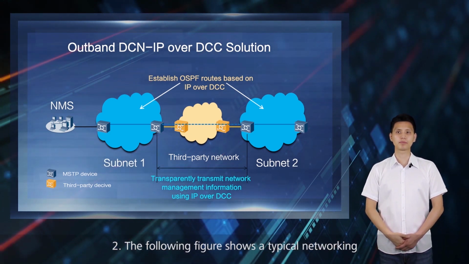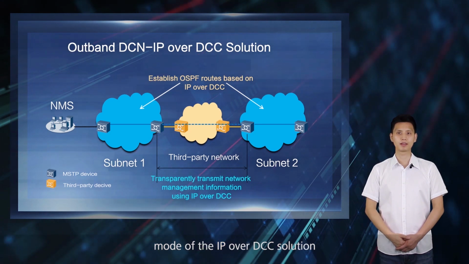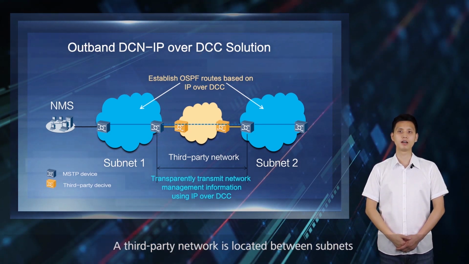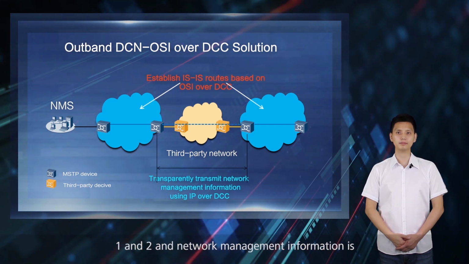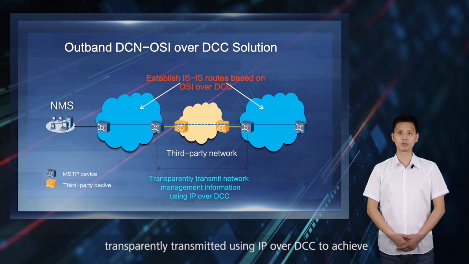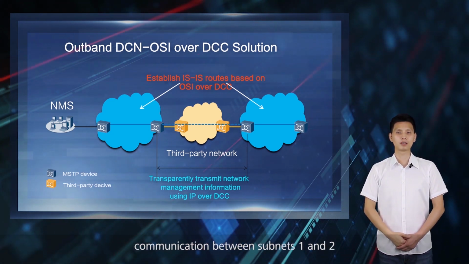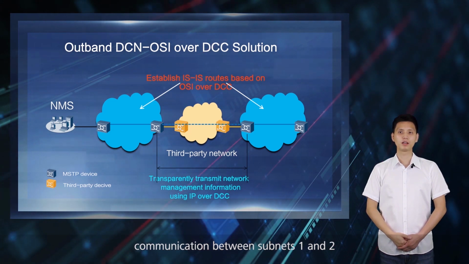The following figure shows a typical networking mode of the IP over DCC solution. A third-party network is located between subnets 1 and 2, and network management information is transparently transmitted using IP over DCC to achieve communication between subnets 1 and 2.